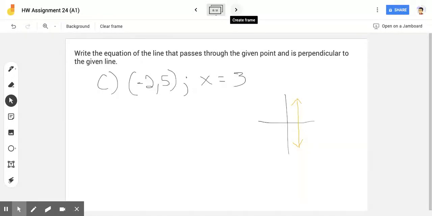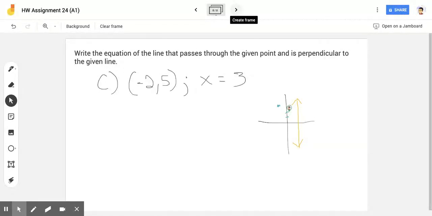All right. So the coordinate -2, 5 would have to be, I would go over 2 units and I would go up 5. So it might be somewhere, it's not drawn to scale at all, but somewhere right around here. All right. I went over 2 units and I went up 5 units.